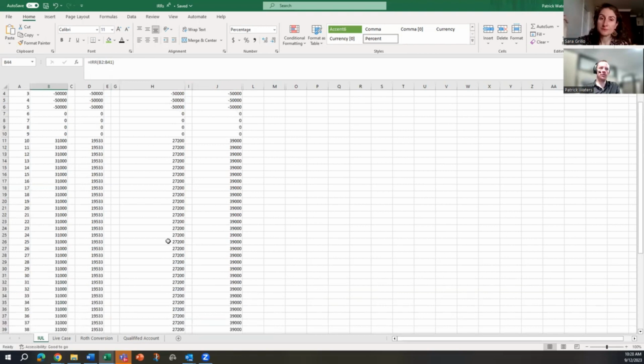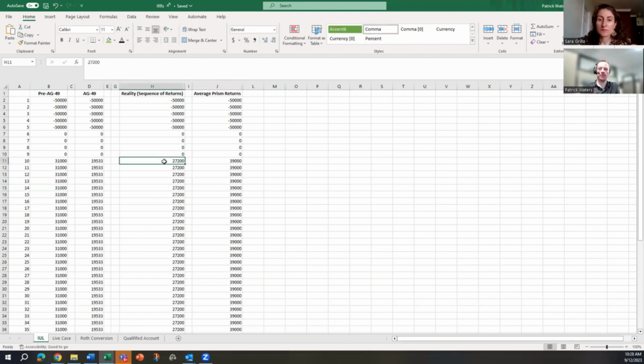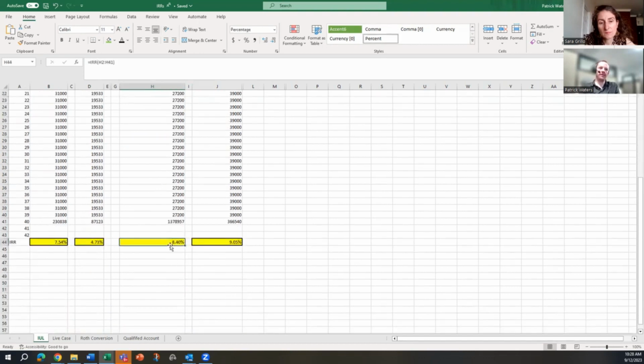And I had to use the charges from the carrier's illustration to figure out what the accumulation value would be to back into how much cash you would have. And what I used in column H was the arbitrage that we saw in every actual year, rather than capping it at 50 basis points. And what you see is that the IRR is 8.4.